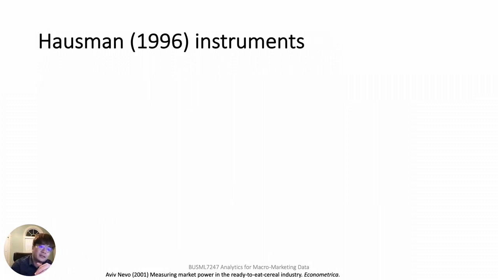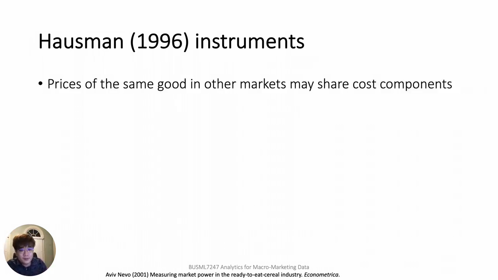In some studies, prices of the same good but in other markets were used as instruments. This type of instrument was suggested first by Hausman in 1996. So it is called Hausman instrument, and the underlying mechanism is as follows. Different markets may receive different shocks on demand.